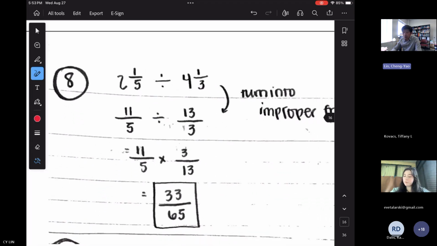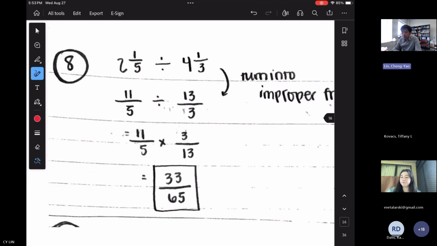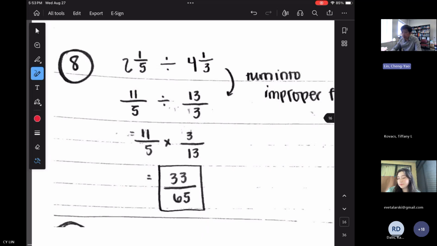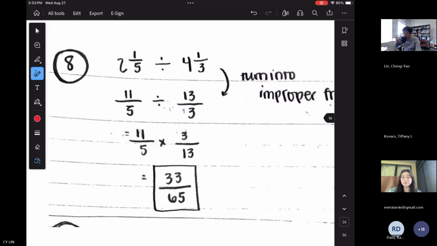Number 8, 2 and 1/5 divided by 4 and 1/3. What is the first step you want to do for this problem? Turn the mixed numbers into improper fractions.